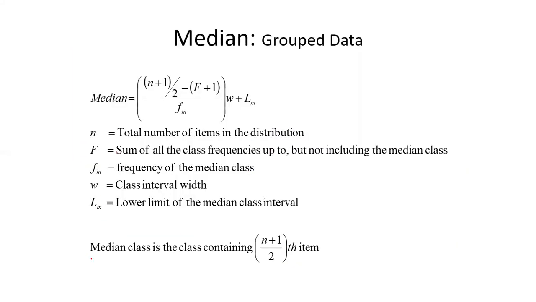What is the median class? This is important. Median class is the class containing this item. The definition of median is still the same: median is the n plus 1 by 2th item. So I will look in the class where this n plus 1 by 2th item will fall. That will be my median class.